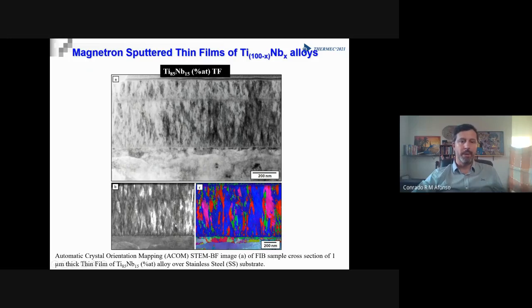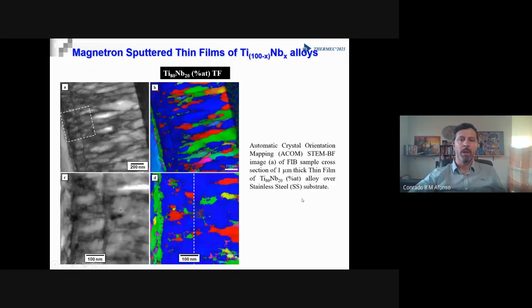And here we see already the ASTAR results. So we have the mapping of the nanograins, which are elongated grains, and mostly an orientation in one texture, in one direction, one crystallographic direction that I will show you soon. And here we can see one map in lower magnification, showing the nanoscale of these elongated beta grains.